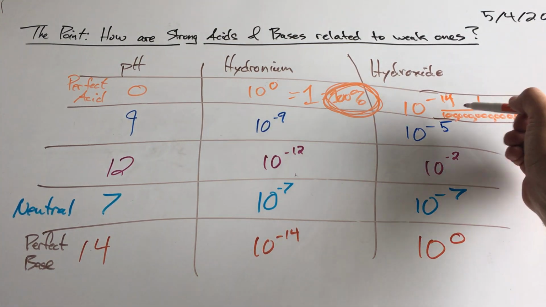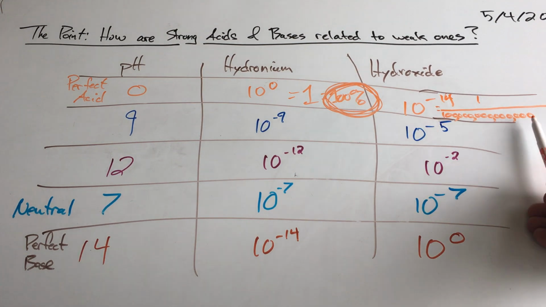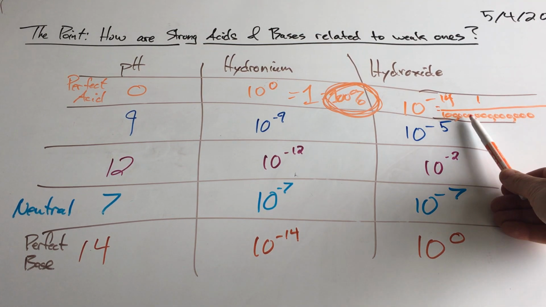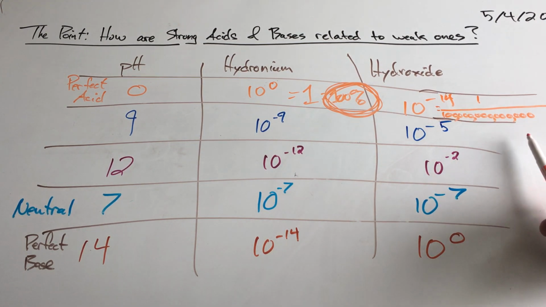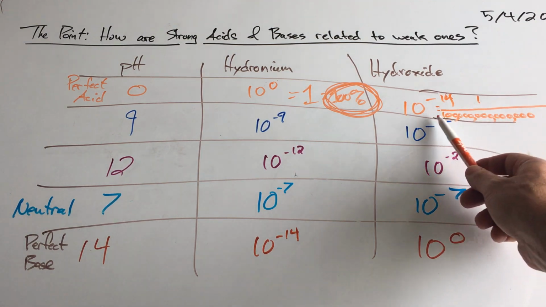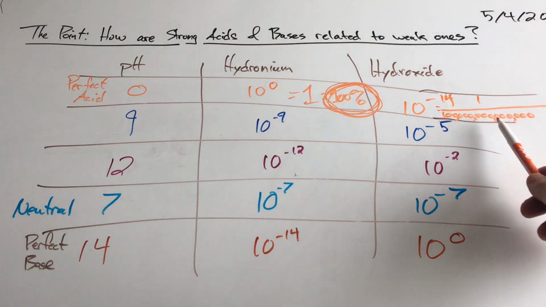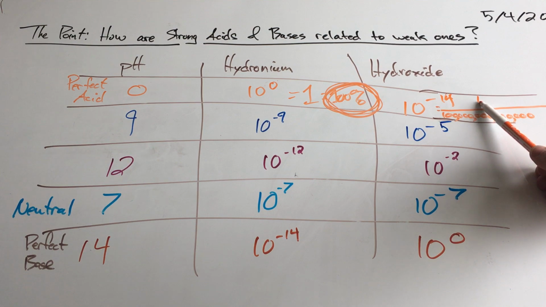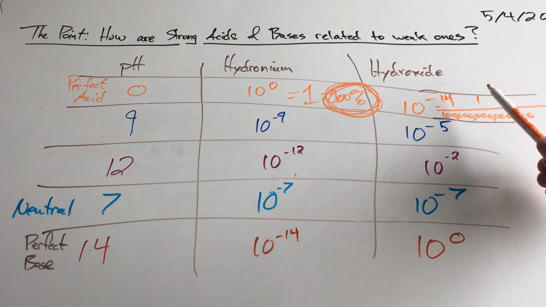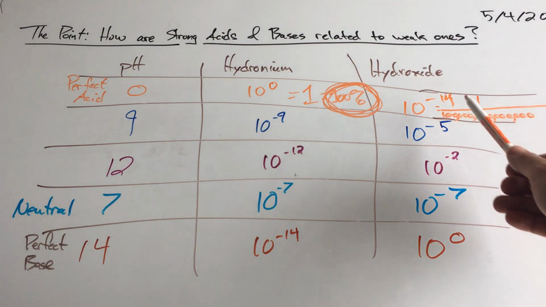That's what this simplifies to. And that's hundreds, thousands, millions, billions, trillions. So for every 100 trillion water molecules, one will be changed into hydroxide, because this is hydroxide.